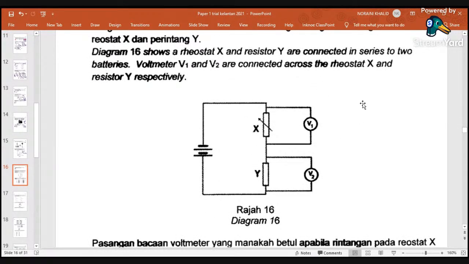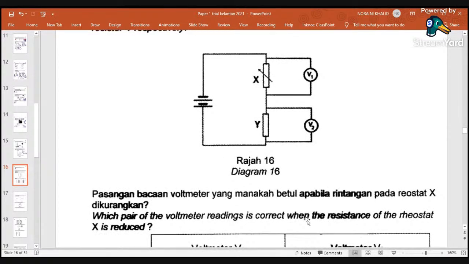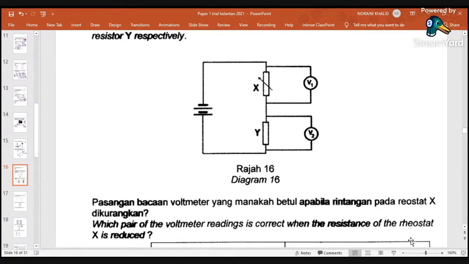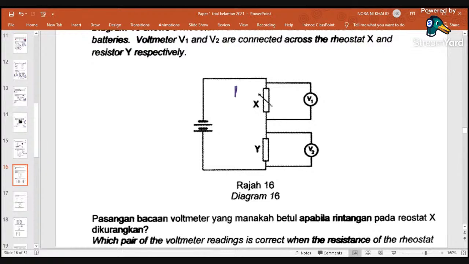Number 27. Diagram 16 shows rheostats X and Y connected in series to two batteries. V1 and V2 are connected across rheostats X and Y respectively. Which pair of voltmeter readings is correct when the resistance of X is reduced? As we know, the voltage here is directly proportional to resistance because they are in series connection.